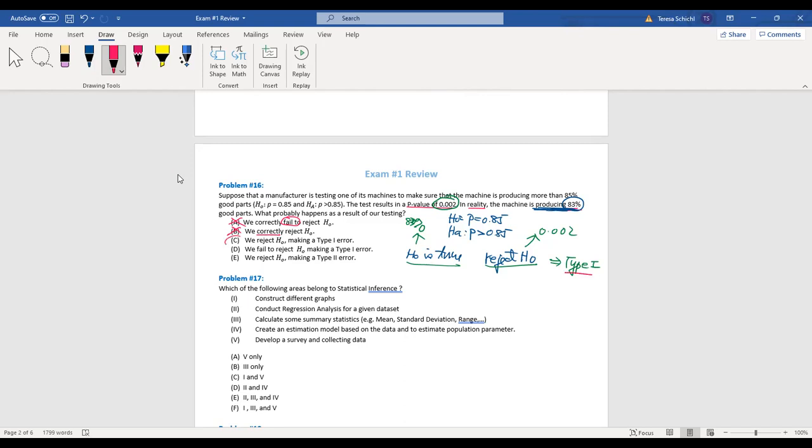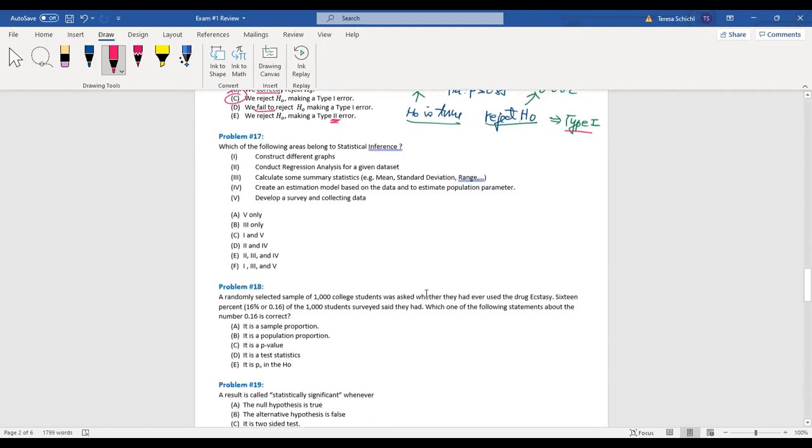Oh, here, correct. Right? The next one says we fail to reject, but we did not fail to reject, we rejected. And then E says we reject, which is okay, but then they say we make a type 2 error. No, we made a type 1 error. All right.